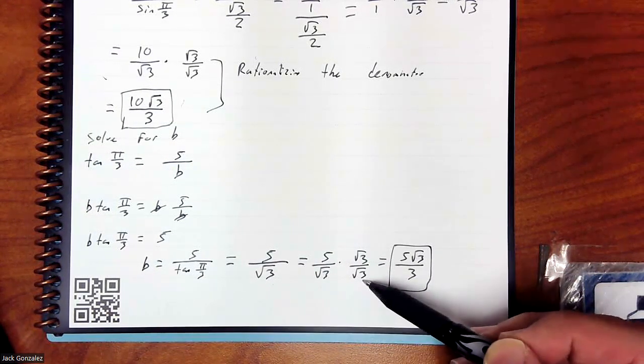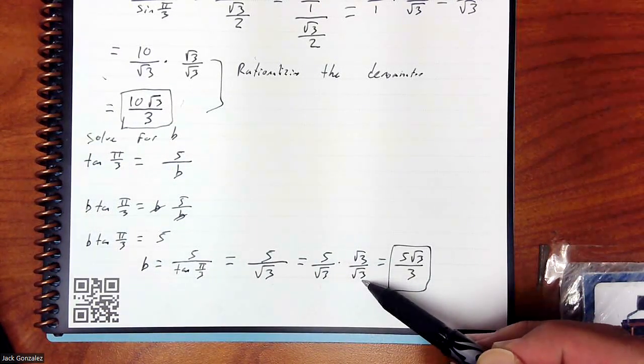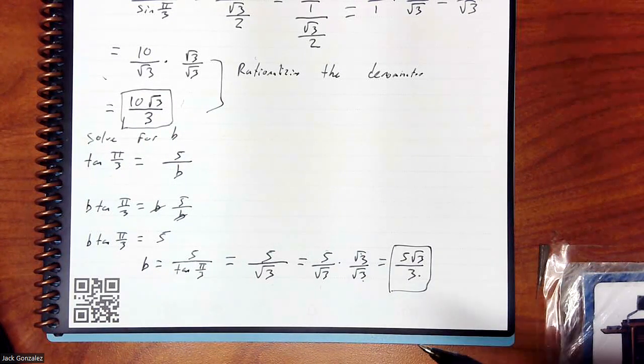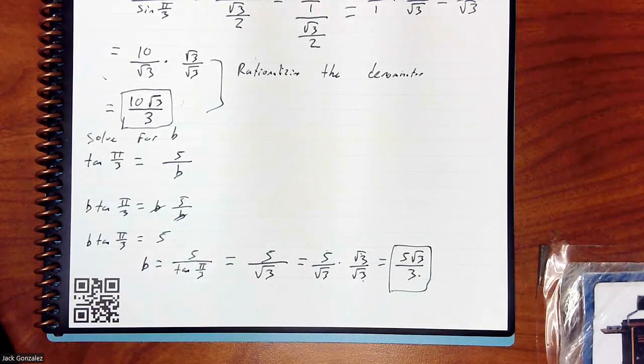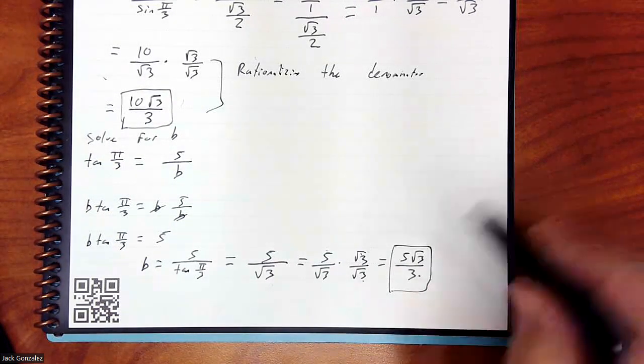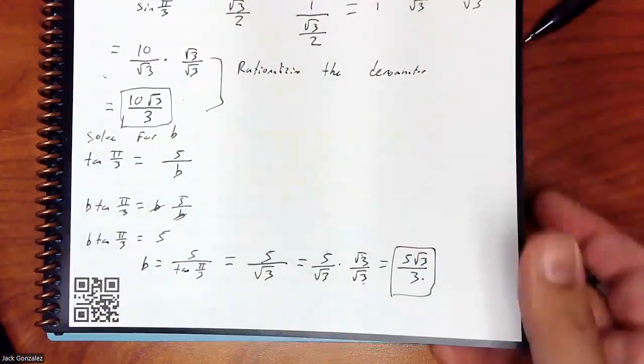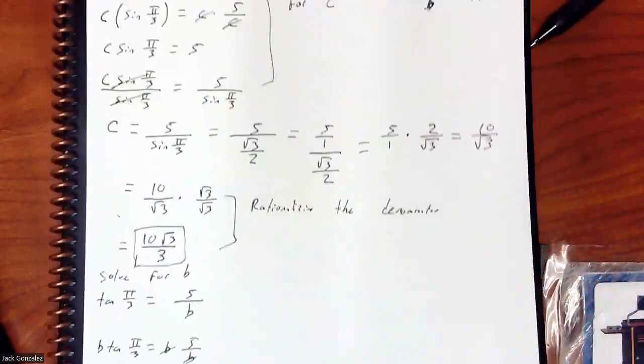So square root 3 times square root 3 is square root of 9. Square root of 9 is 3. And then this just stays 5 times that. You can't do anything else with it. Okay. Any other questions, or you guys okay? So let me know.